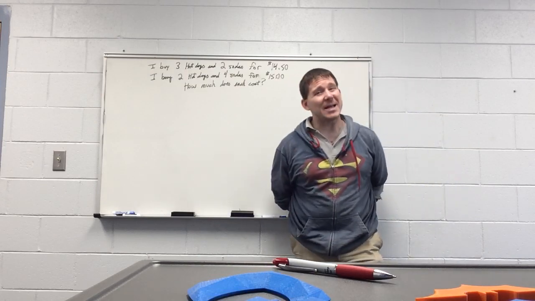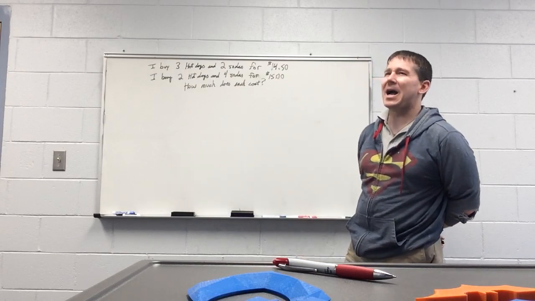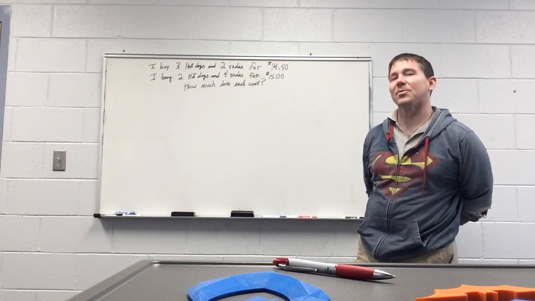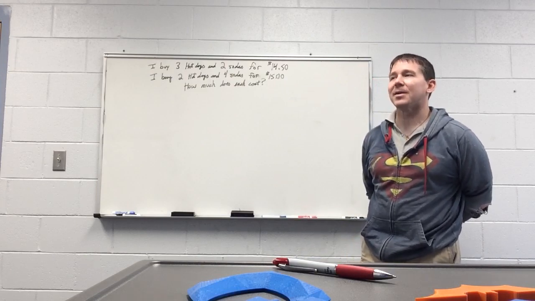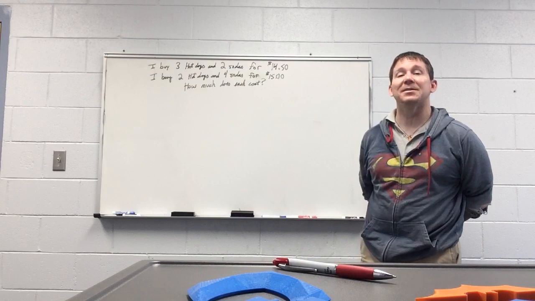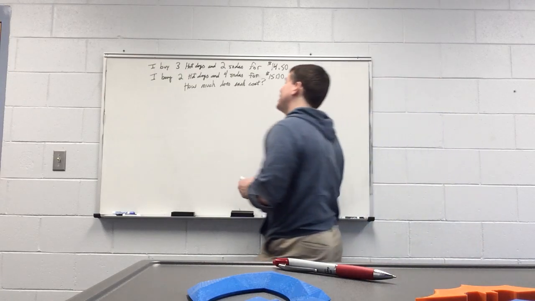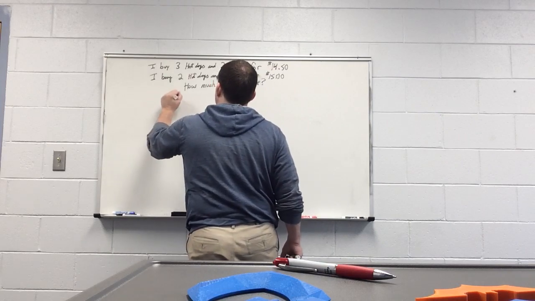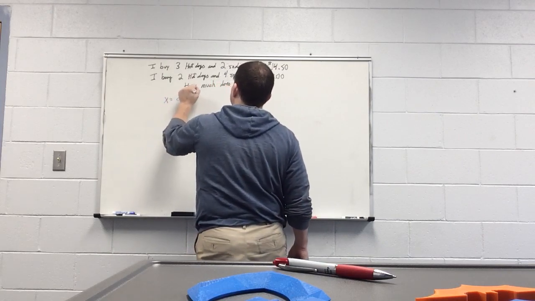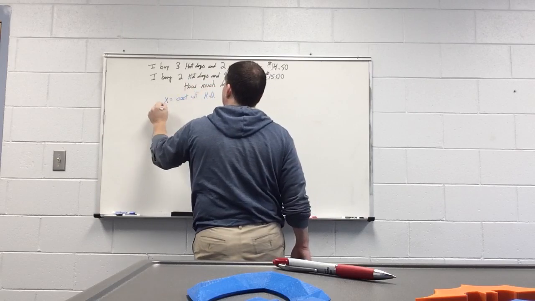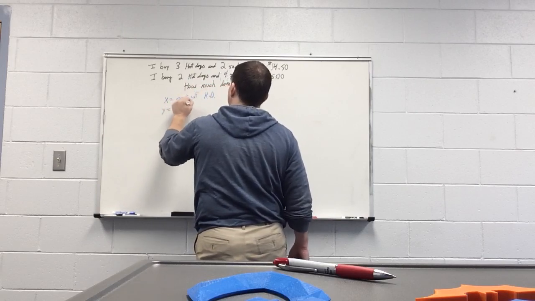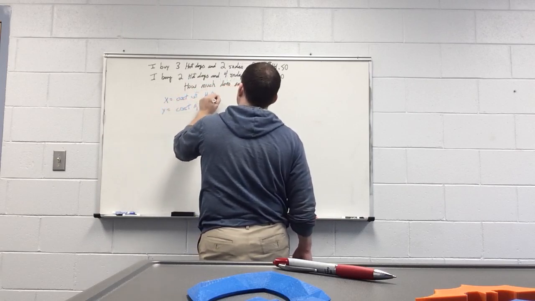Here it's maybe not as clear how I could write both quantities in terms of one variable. You can do it, but it's rather convoluted, which we'll see in the solution. So for this one, it's actually easier to just say x equals the cost of a hot dog, y equals the cost of a soda.